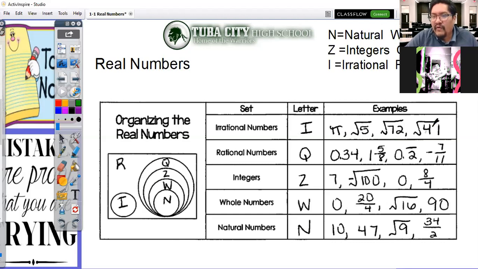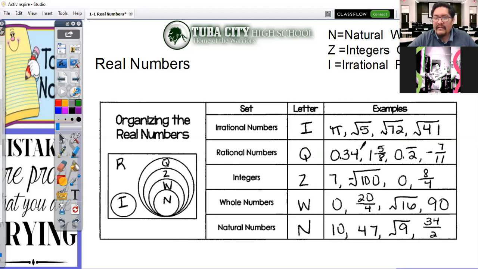The same would be true with 41. So again, as long as it's not a square number, or what we call a perfect square number. Perfect square numbers are numbers that you get by multiplying two of the same numbers, like 2 times 2 is 4, 3 times 3 is 9, 4 times 4 is 16, 5 times 5 is 25. So 25 in that case would be a square number.